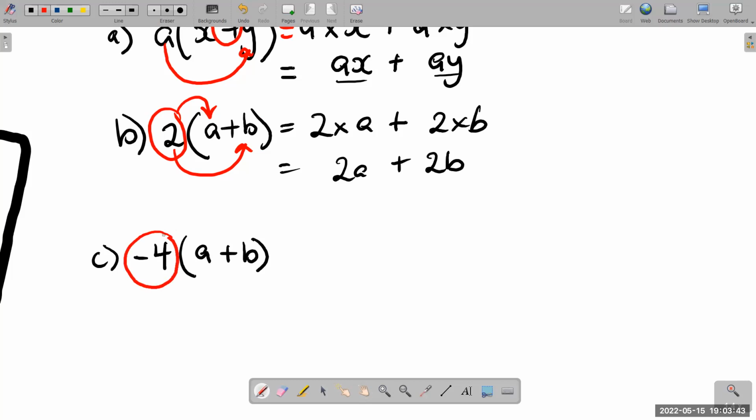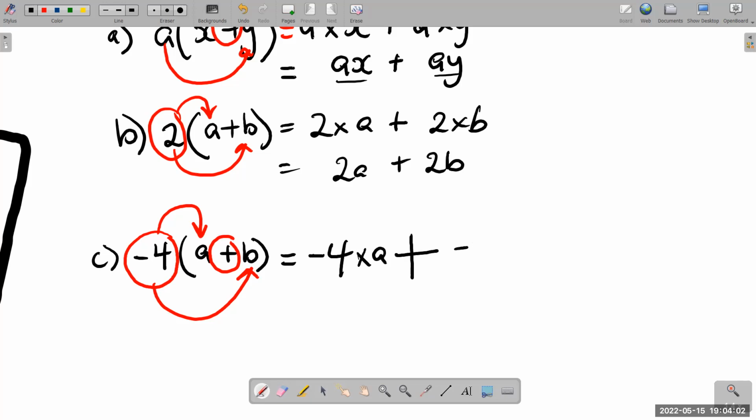So this is what you should have written down: -4 times a, plus, just like before, -4 times b. Everybody see that? So, equals -4 times a, plus -4 times b.